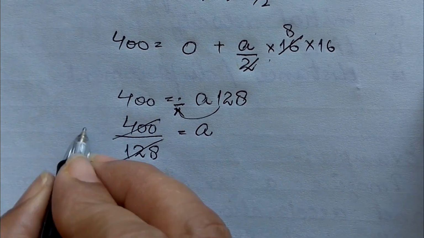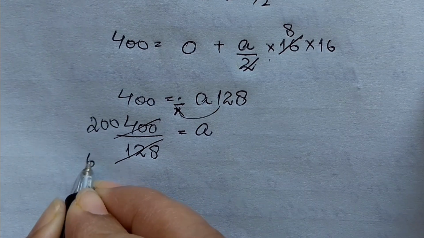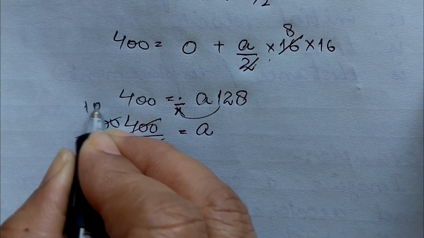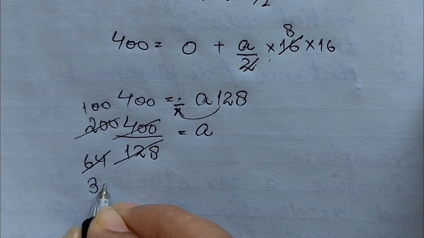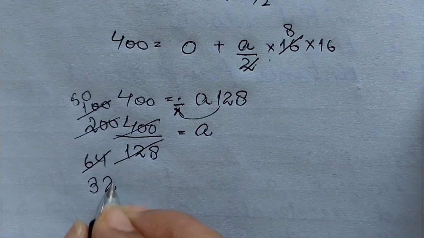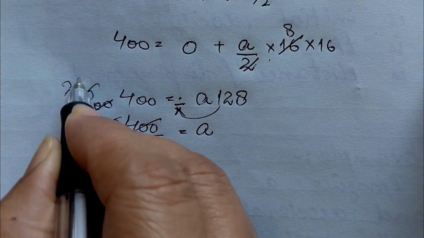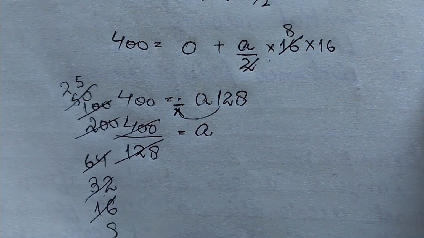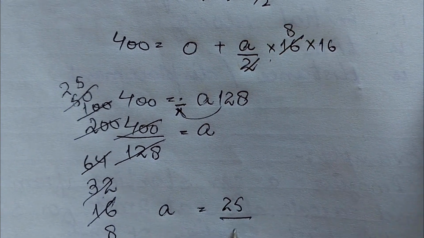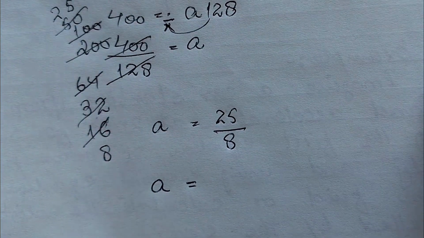So 400 divided by 128, which simplifies to a is equal to 25 upon 8, which is equal to.